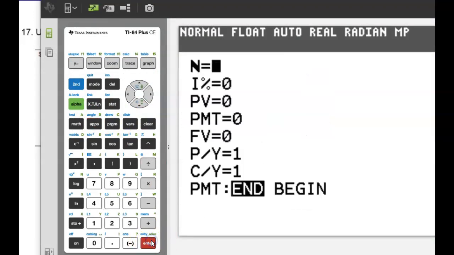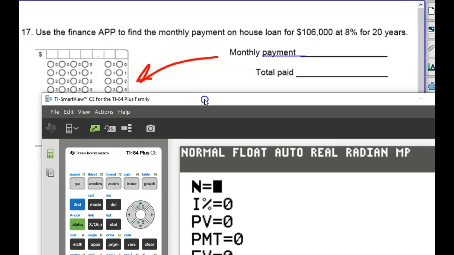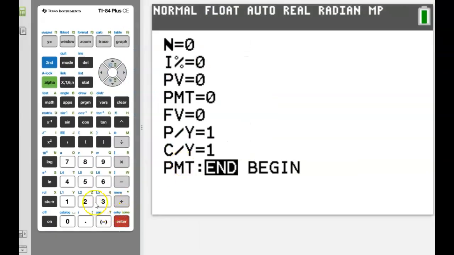Enter N: the mortgage was 20 years, so it's 20 times 12. 8%. Present value, they're borrowing how much? 106,006.